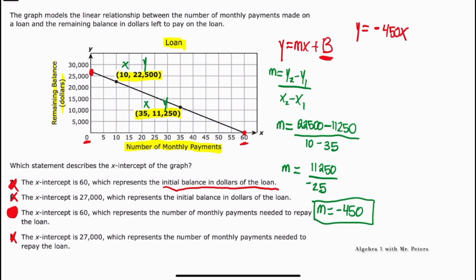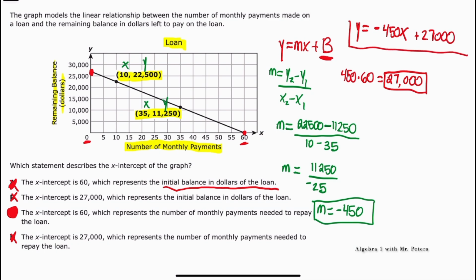So if I take the $450 per month and I multiply that by 60 months, I would be able to get my balance. And once I do that, the balance would be 27,000. So if I wanted to complete the equation for this line would be y is equal to negative 450x plus 27,000.